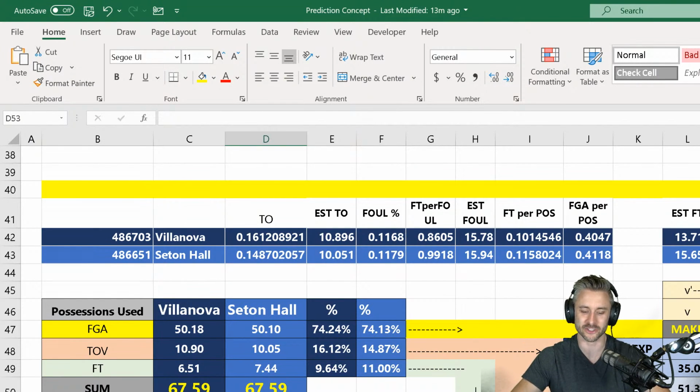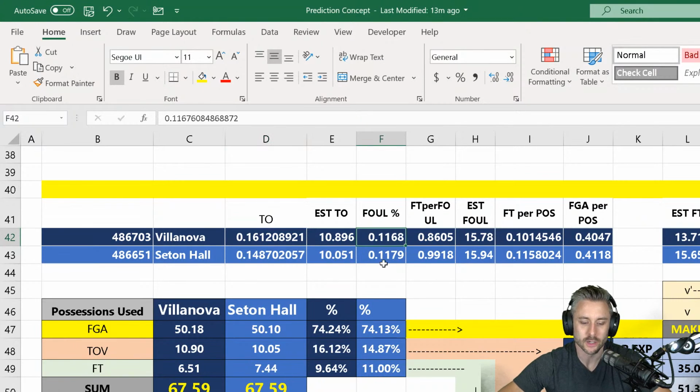Stay with me. That's the easiest part of this Monte Carlo tree, right? Stay with me. So then we have foul percentage. And I come up with this because this is the percentage of possessions that result in a foul.